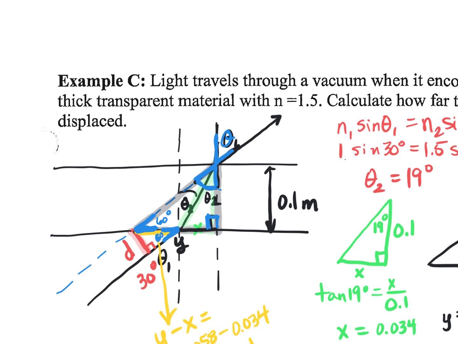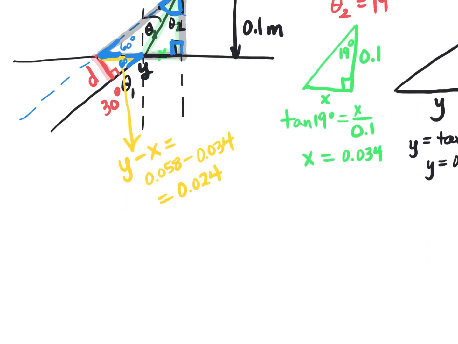This is 60, which means the other is 30, isn't it? Because 90 degrees. All right, so now we've got a triangle where we have a 60-degree angle here, correct? We know the hypotenuse is, and we are looking for D.